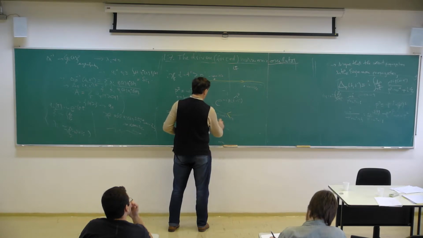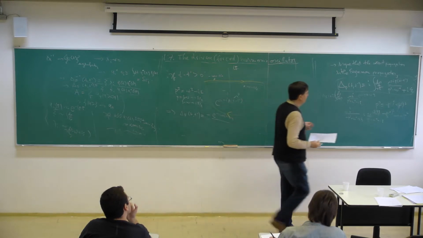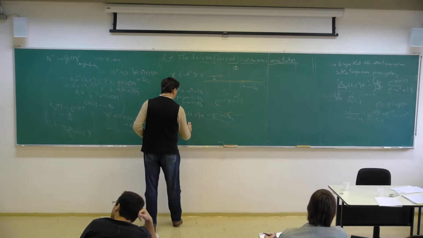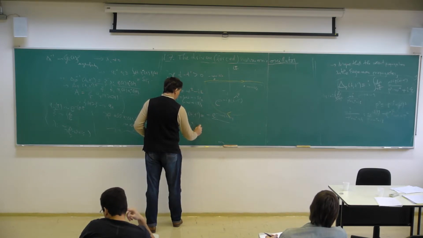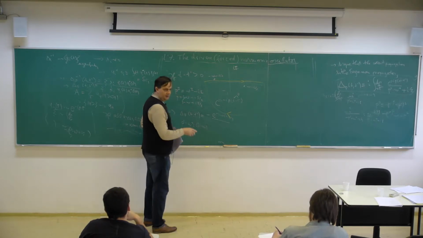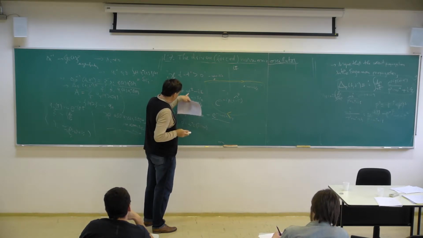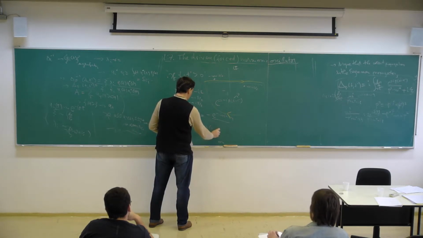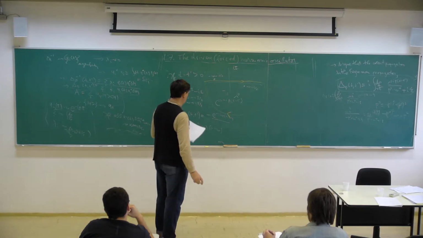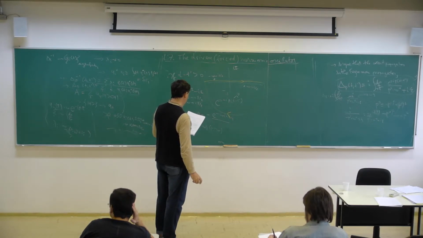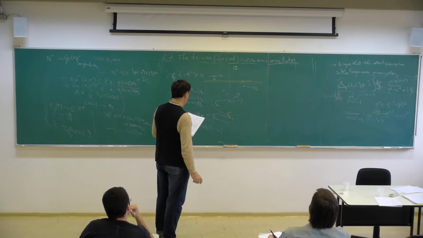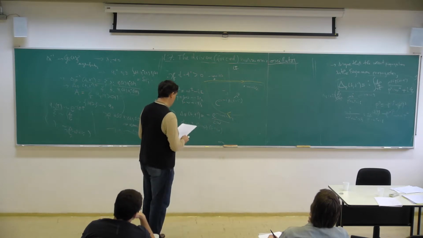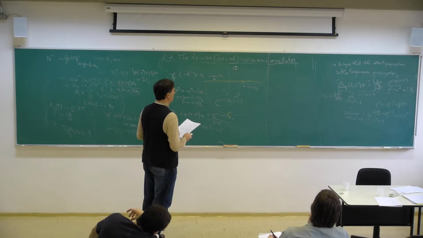And then here p squared minus omega squared is p minus omega times p plus omega. I'm looking at the pole p equal omega, so that part I erase, and then p plus omega. Oh, and I get the wrong sign, because this would give me a factor of 2 omega.